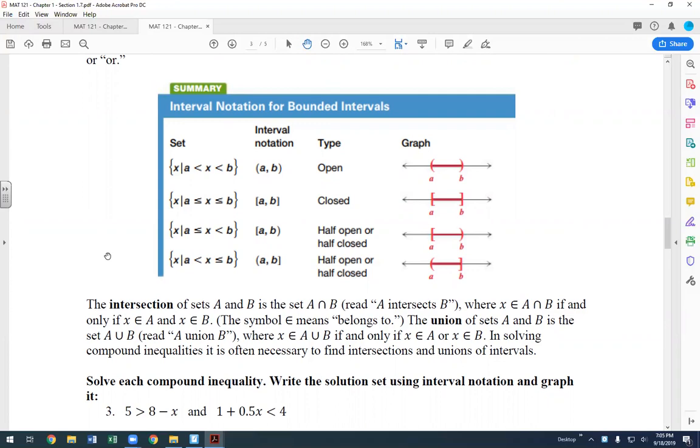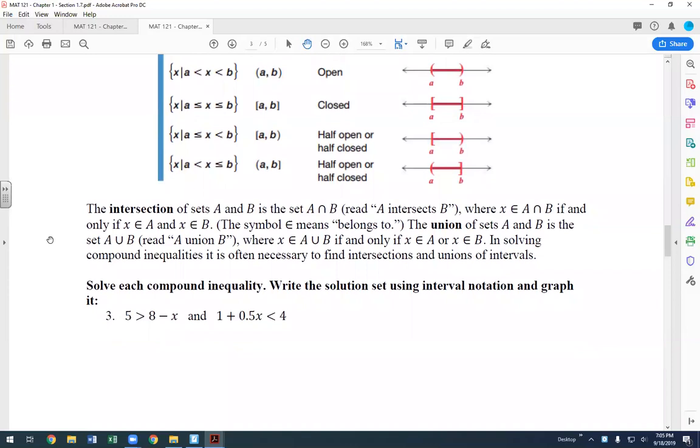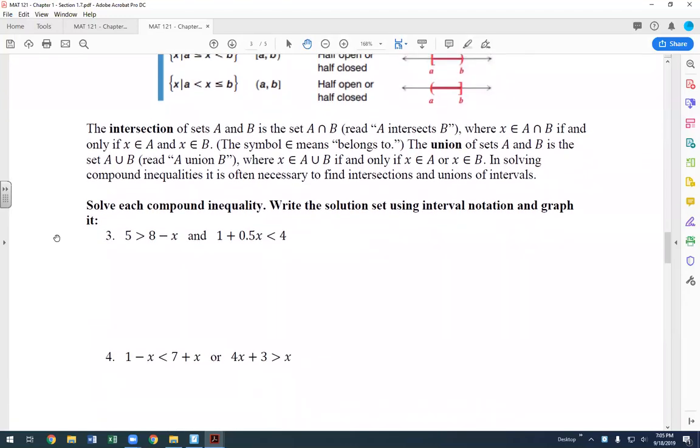Now here's the interesting part. You will notice in your examples, you have compound inequalities that use either the word and or the word or. The word and actually represents the intersection of a set. That means whatever answer I get from the left inequality and whatever answer I get from the right inequality, the common solution set will only be where I have common answers.